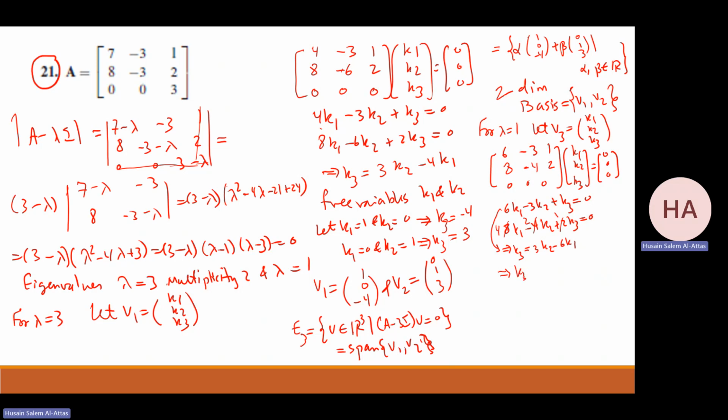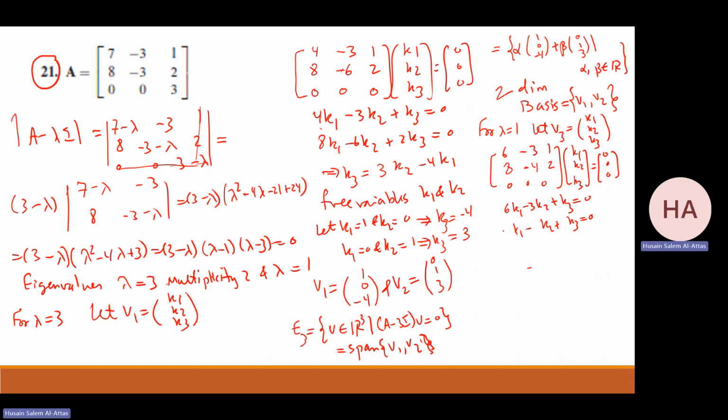So K3 will be equal to what? K3 will be equal to 2K2 ... that does not help. Instead of doing all of this nonsense, I need to solve the two equations in a good way.